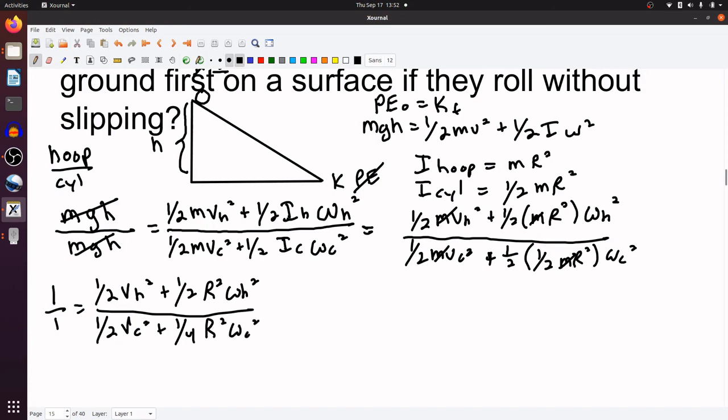Well, recall that omega r is equal to the velocity. And so I'm going to make that substitution now.